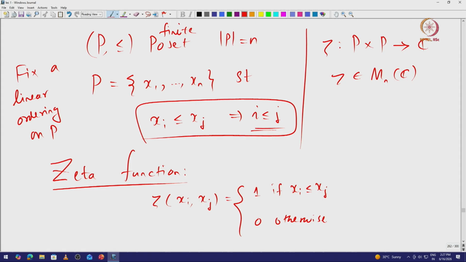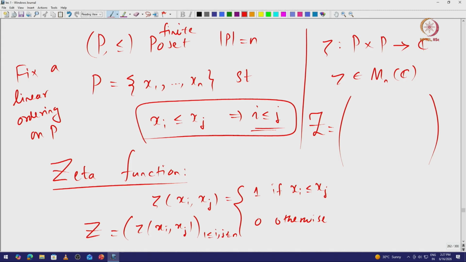That means it is actually an upper triangular matrix. Let us call this matrix Z, consisting of the entries zeta of x_i, x_j. It is an n by n matrix.